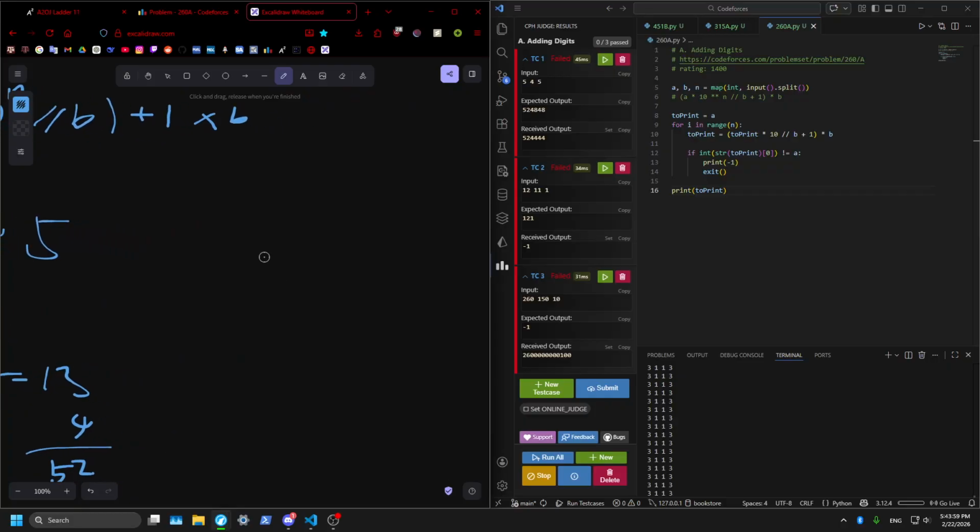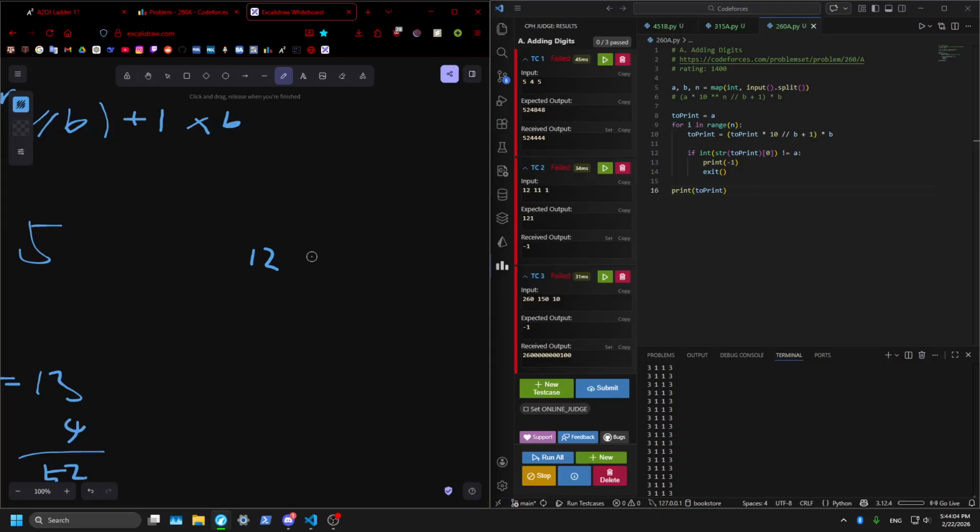So we have 12 times 10 divided by 11, 1 plus 1 is 2 times 11 is 22.